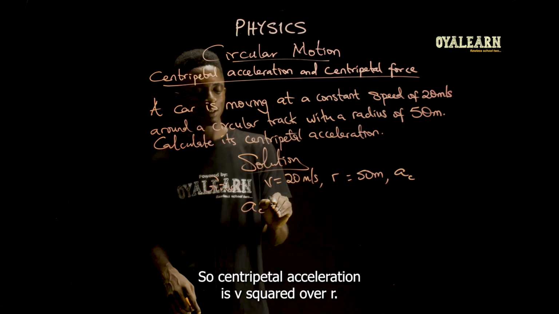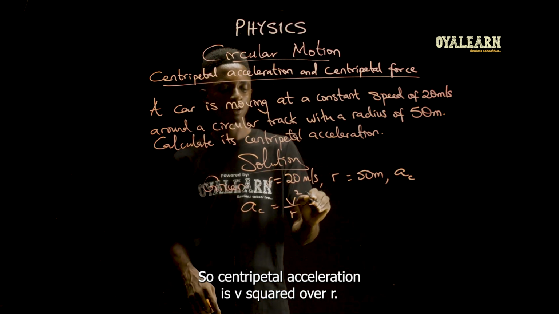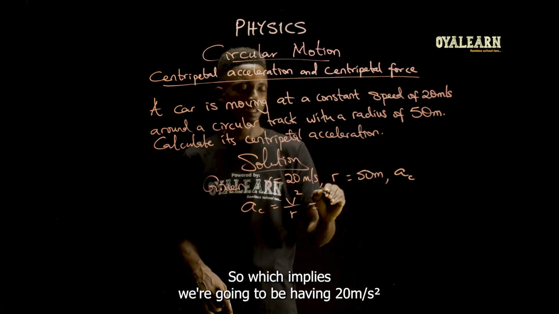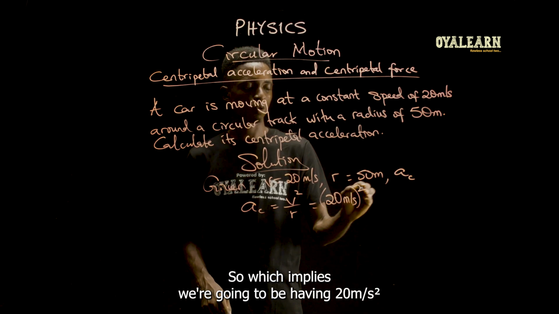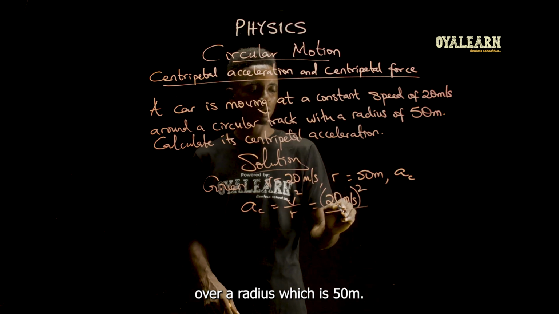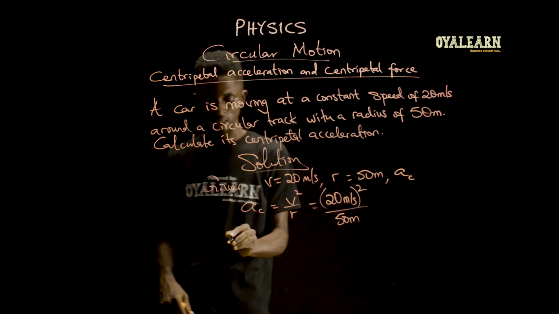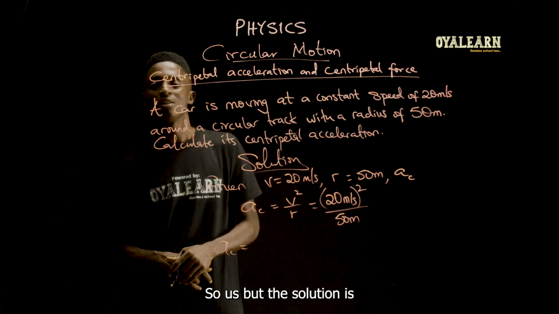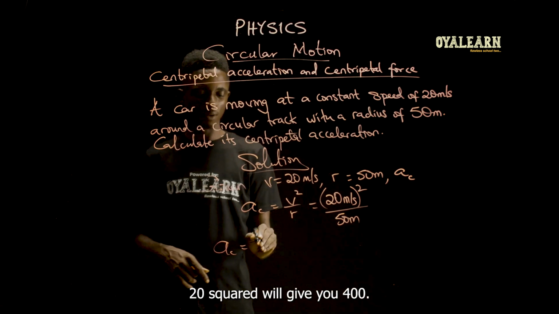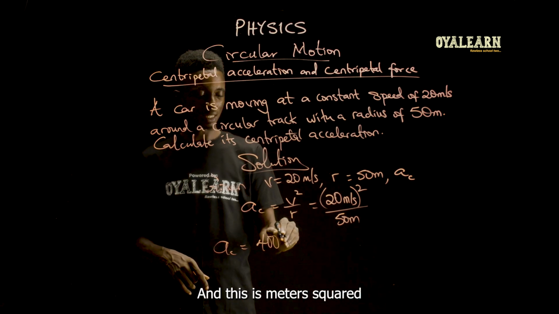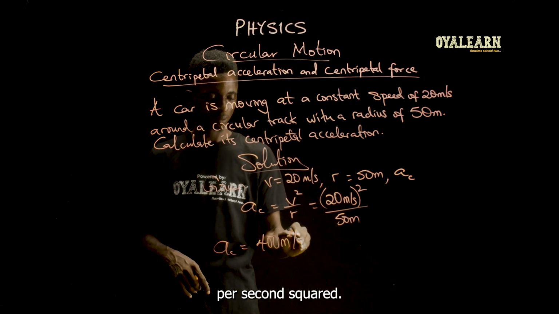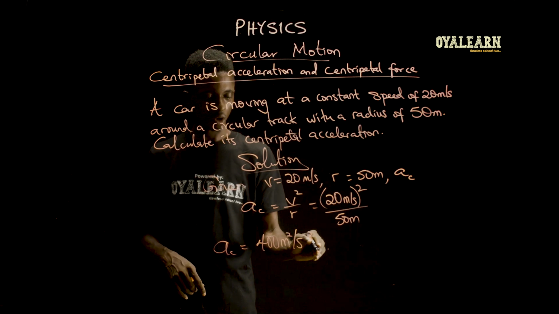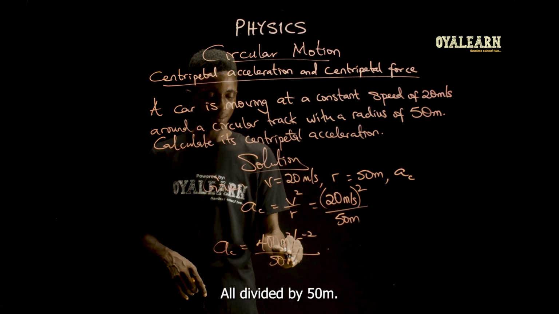So centripetal acceleration is v squared over r, which implies we're going to have 20 meters per second squared over the radius, which is 50 meters. Now, 20 squared will give you 400, and this is meters squared per second squared, all divided by 50 meters.